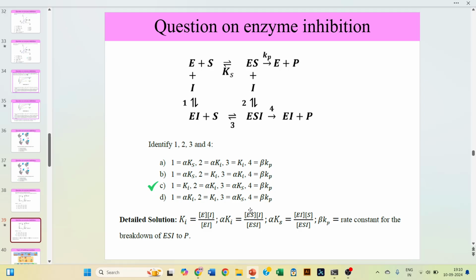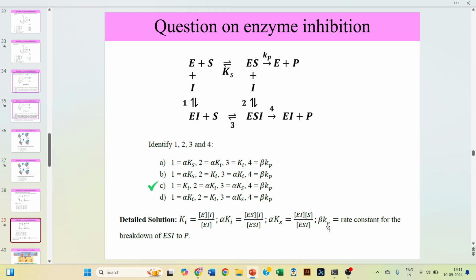Now we come to the third equation. So this is alpha into Ks. Alpha Ks, this is ESI and EI along with S. So always remember this. When the inhibitor is involved, it becomes alpha Ki. And when the substrate is involved, it becomes alpha Ks.